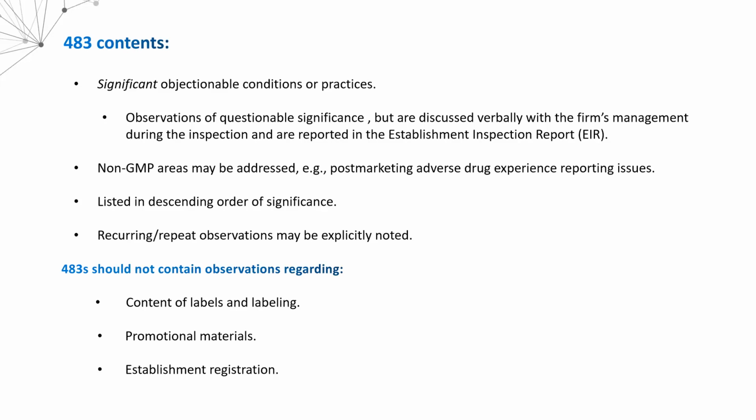Recurring or repeat observations may be explicitly noted in the 483s. What it should not contain are labels or labeling related issues, promotional materials, or establishment registration details. These kinds of things will not be covered in the 483 reports.